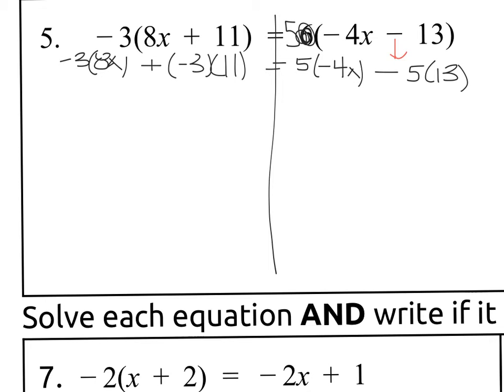Okay, grab your calculator. -3 times 8 is -24x, sorry, don't forget the x, plus -3 times 11 equals -33.